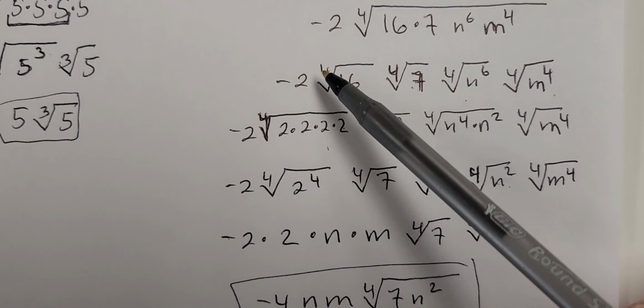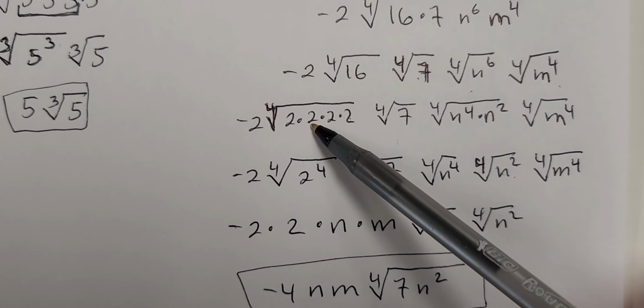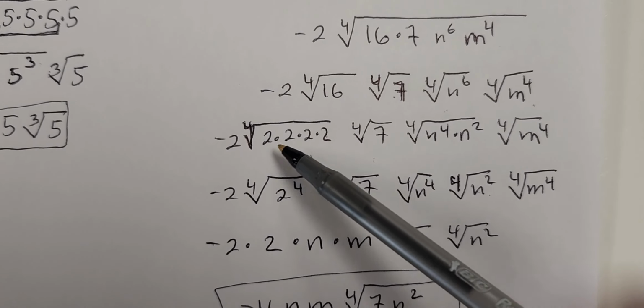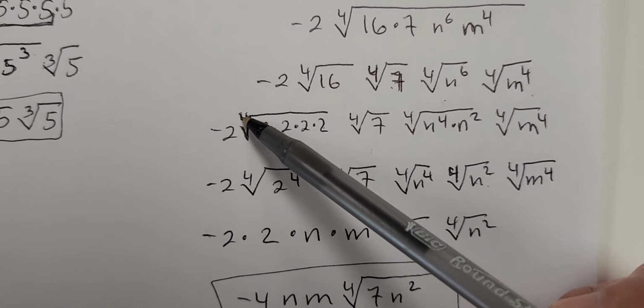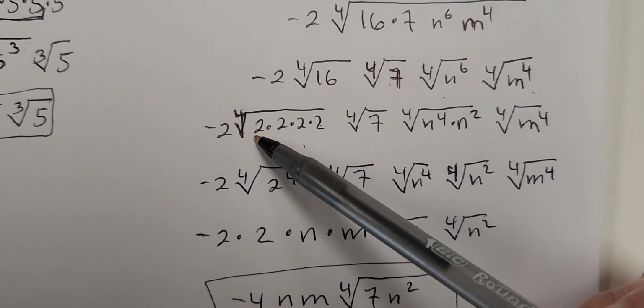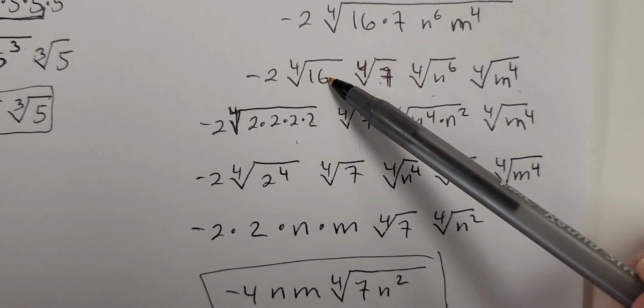Next, this fourth root of 16 is 2 times 2 times 2 times 2, and this 2 is repeated 4 times. That's why there's a 4 here. This 4 means get a number that is repeated 4 times, which gives me 16.